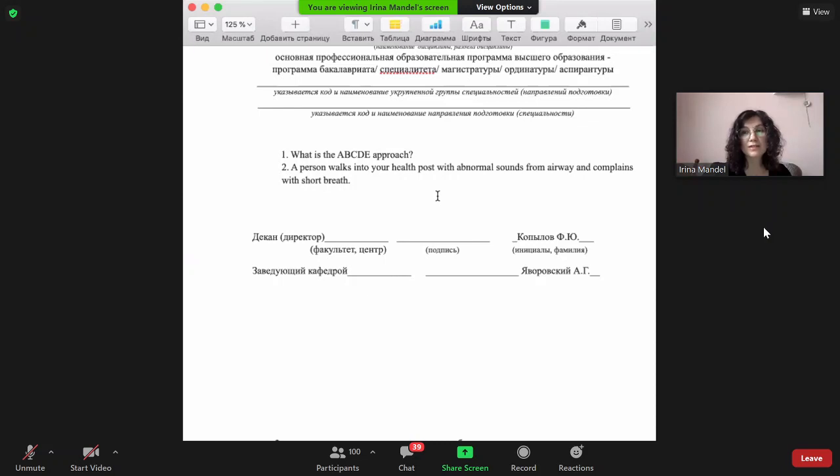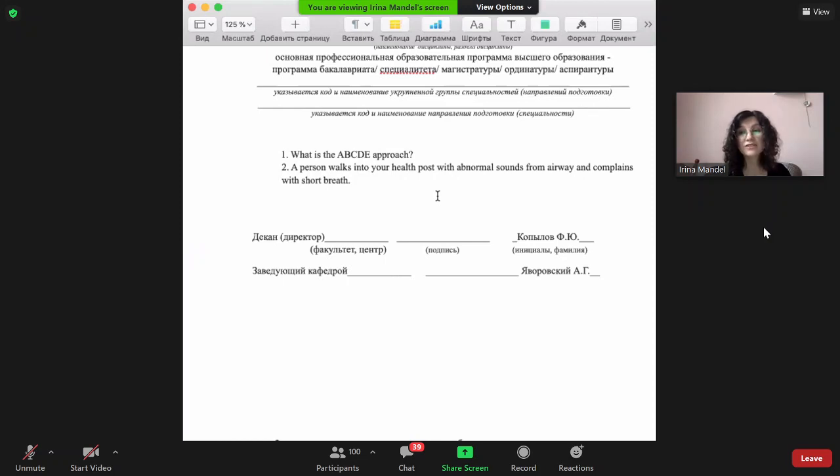It could be both diagnoses, and chronic obstruction could become acute, and it could be pneumonia or some sputum that obstructs the airways or is stuck between the vocal cords, and you will see the abnormal sounds.